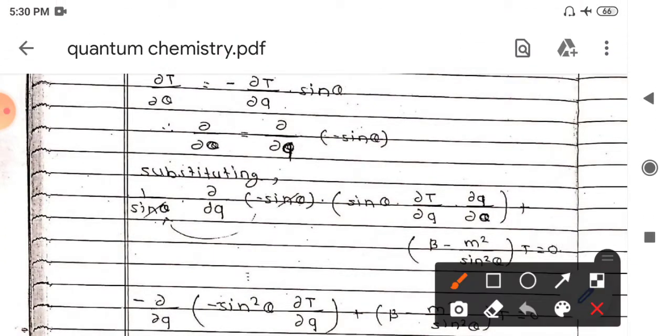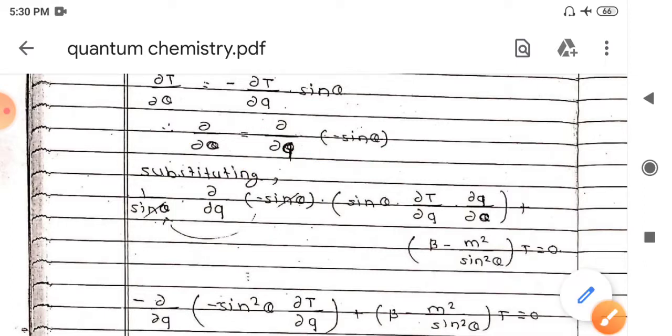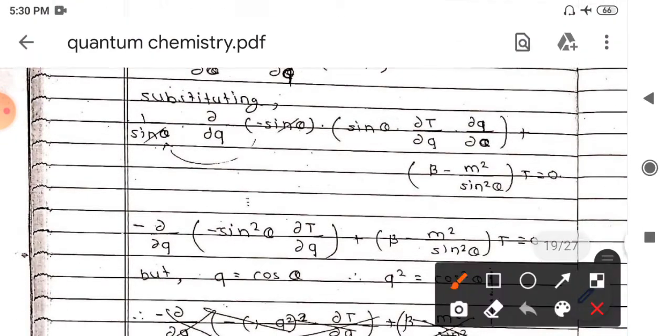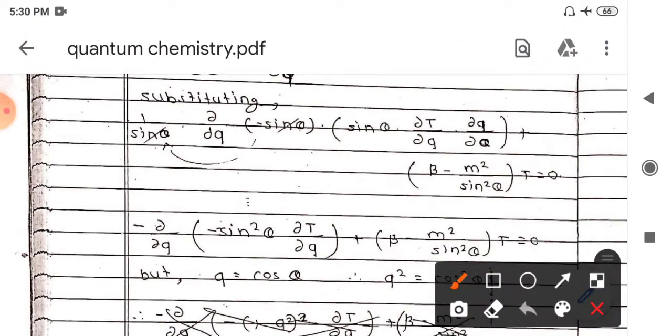So what was the required equation? The required equation is del by del theta of the given expression, which should be equal to minus del by del theta of del by del q of minus sin theta. We just substituted those values in the above equation.